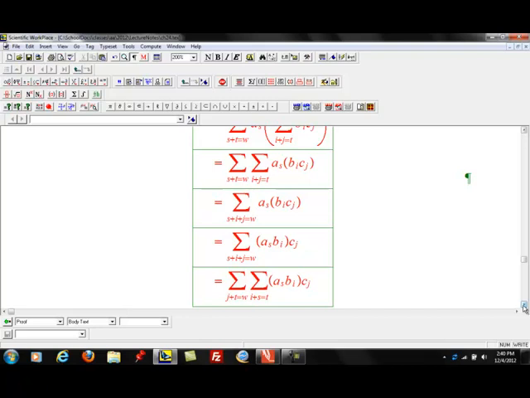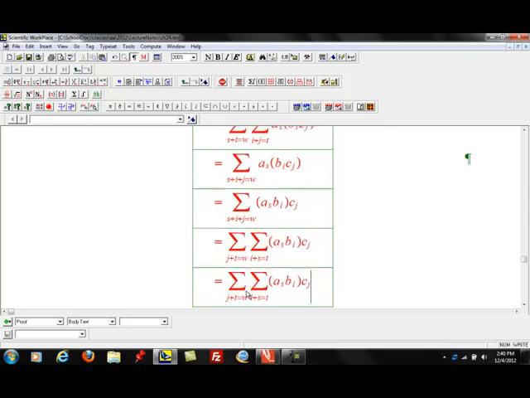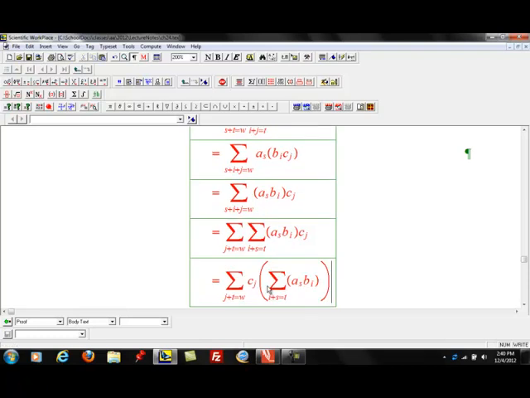Yeah. And then we split it up into the two notations, right? Equals. And now this one comes over to there. And that, I'm going to just put in parentheses.